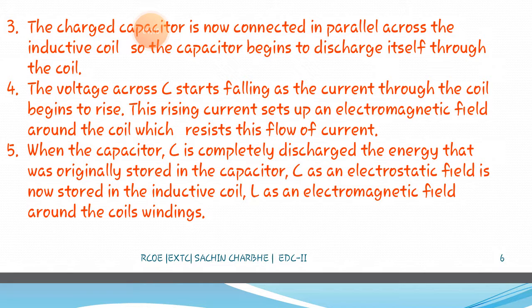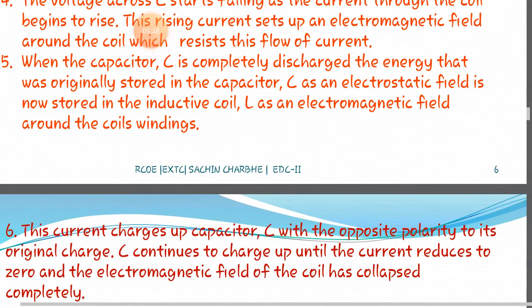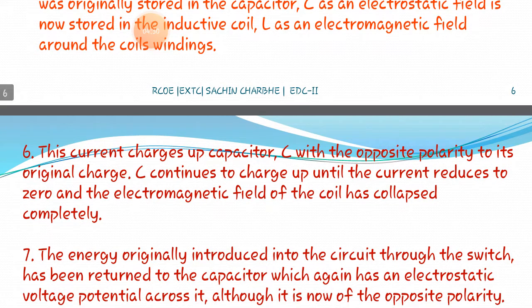This rising current sets up an electromagnetic field around the coil, which resists the flow of current. When the capacitor C is completely discharged, the energy that was originally stored in the capacitor C as an electrostatic field is now stored in the inductive coil L as an electromagnetic field around the coil's winding.